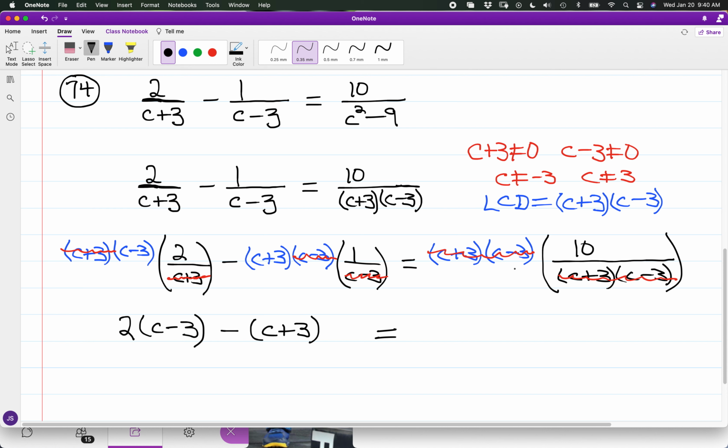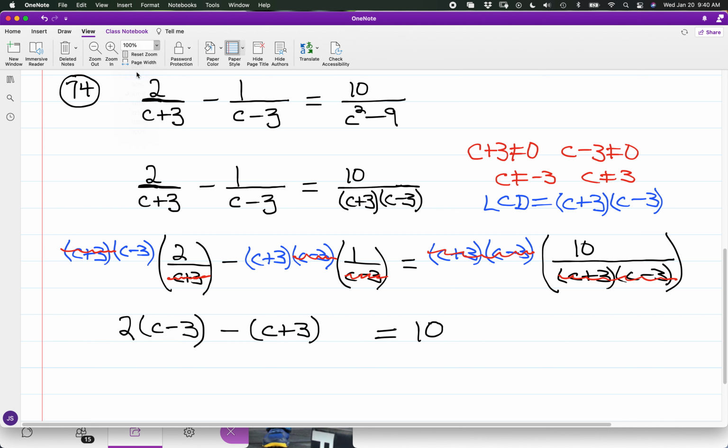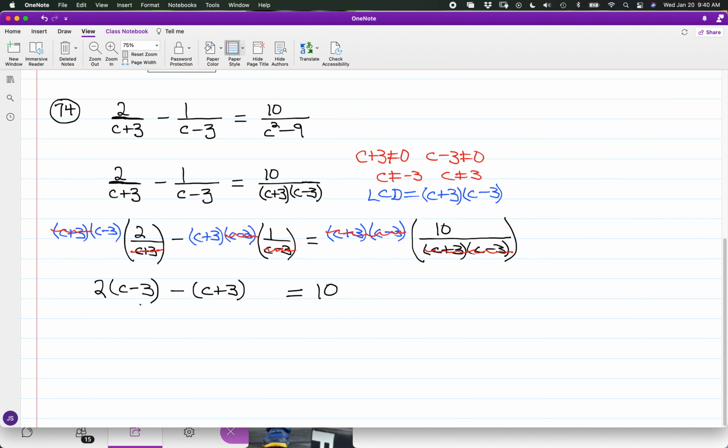And for what we have over to the right, that is equal to 10. All right. And so in this particular configuration, we have the terms in c now expressed in direct fashion. Looking at the distribution, you have 2 times the quantity of c minus 3, so this will be 2c minus 6.